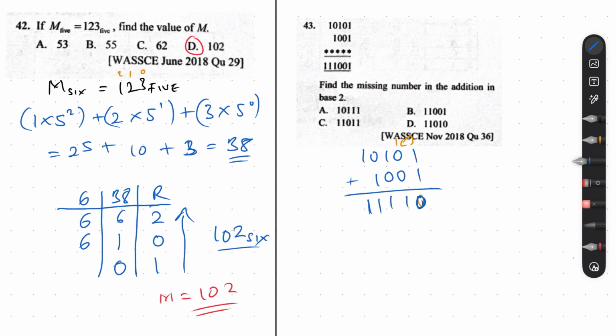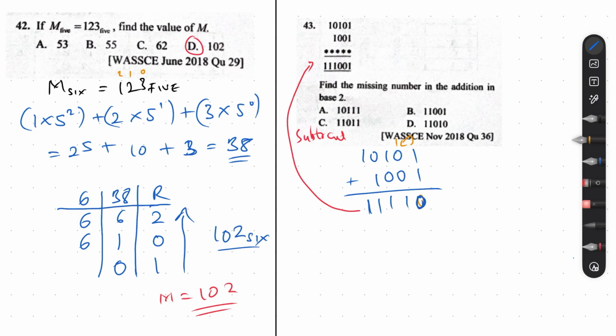This sum, we need to go and subtract it from this. Okay, cool. So how do we do that? Let's write it down.